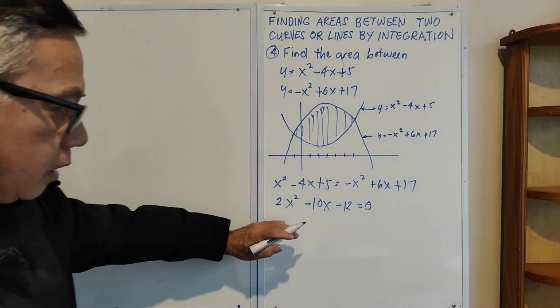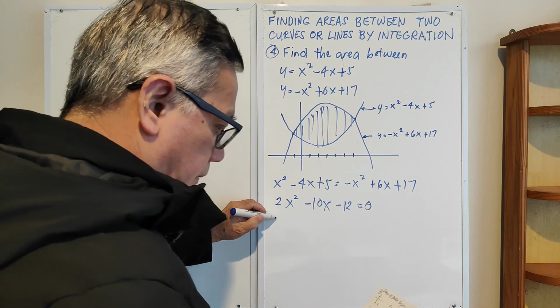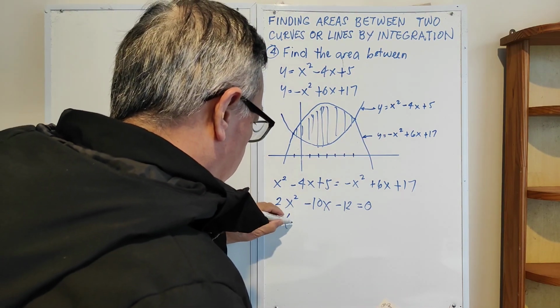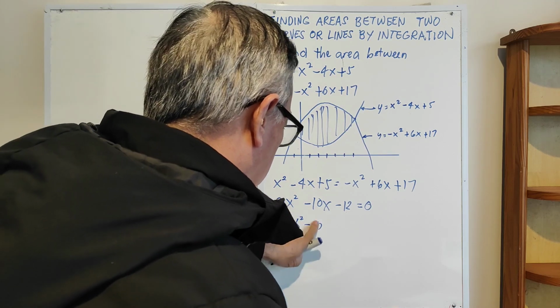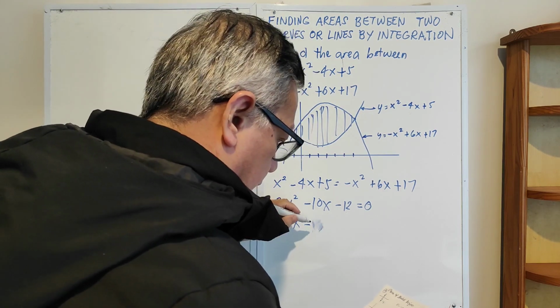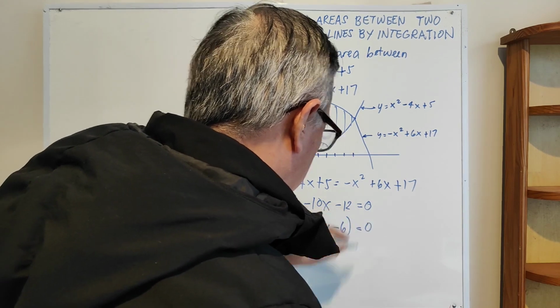First we can factor out 2. So we have x squared minus 5x minus 6 is equal to 0.